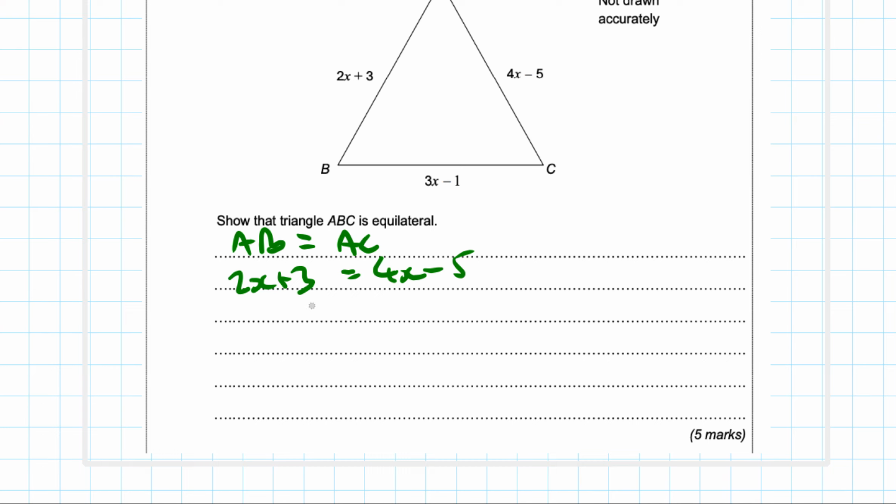From here, we just rearrange, so we're going to add 5 to both sides, so 3 plus 5 is 8, and we're going to subtract 2x from both sides, so it becomes 2x. So therefore, divide both sides by 2, we're going to get 4 is equal to x. So again here, all we've done is plus 5, and minus 2x at the same time.